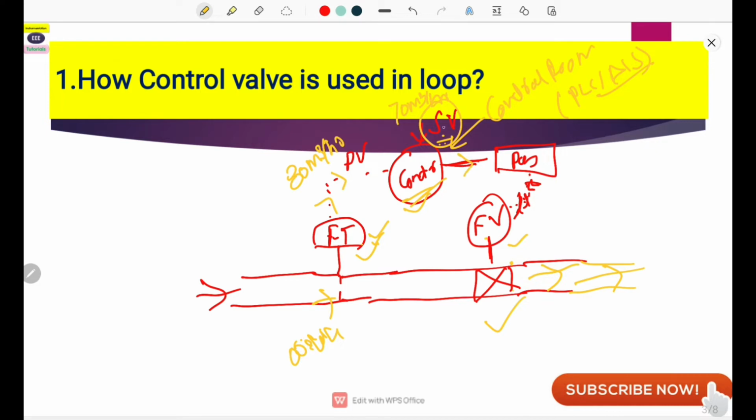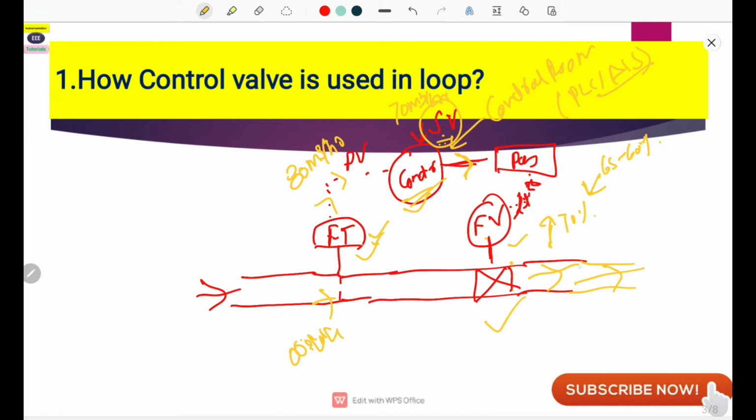The set value configured in the controller will give a command to the control valve to move toward the close position, meaning it will lower the valve's opening. If it is at 70% opening, it will command the control valve to 65 or 60% opening. So this is how the control valve is used in a loop.